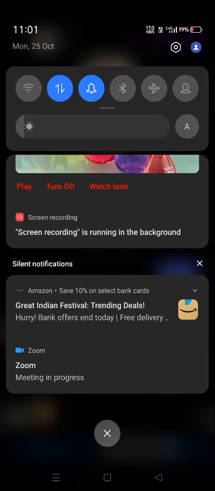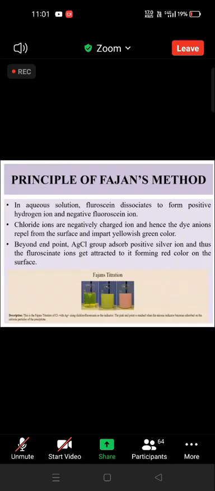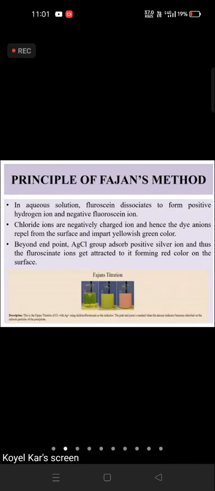In Fajan's method, we are using fluorescein indicator. Now, when we are dissolving fluorescein indicator in the aqueous solution, it is dissociating into H plus ion and negatively charged fluoresceinate ion. Within the solution, both negatively charged particles as well as positively charged particles are present.